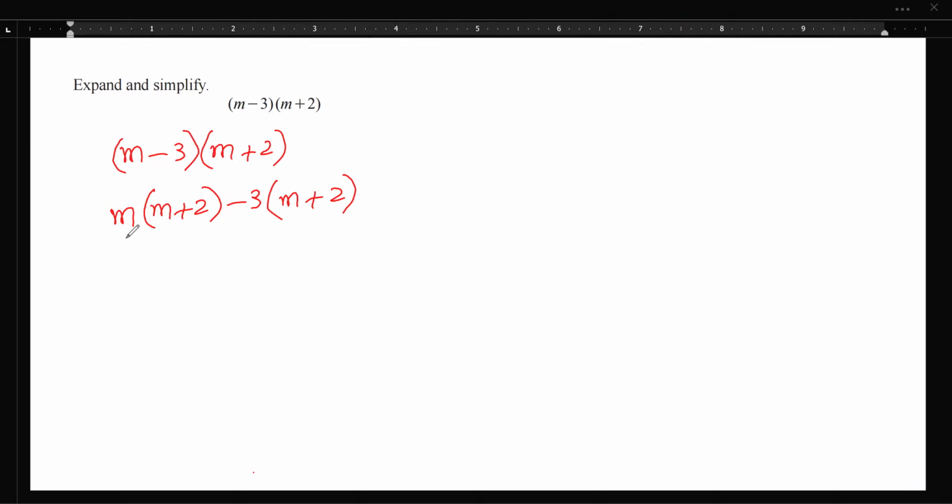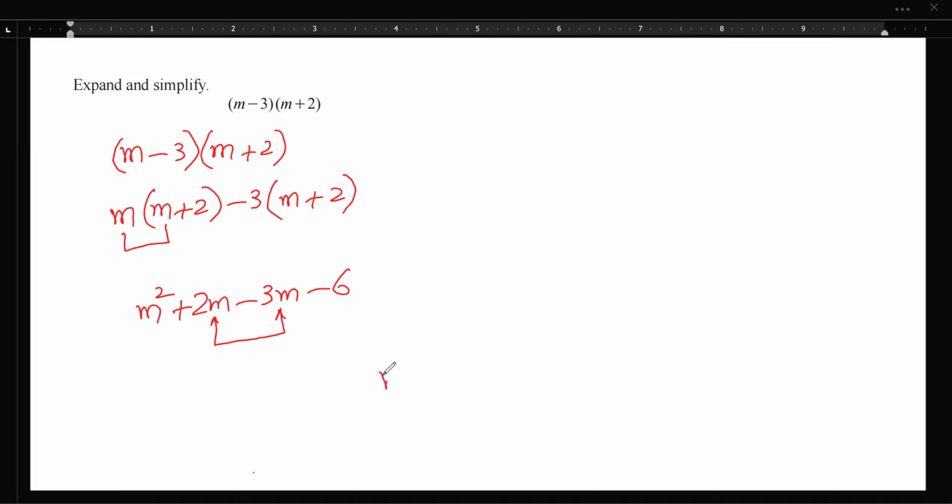Let's multiply. So m times m will give you m squared. Now m times 2 will give you 2m. This is minus 3m and this is minus 6. As you can see, there are two like terms. Yes, so we can add or subtract them. If you look, the signs are different, so the terms are going to be subtracted.